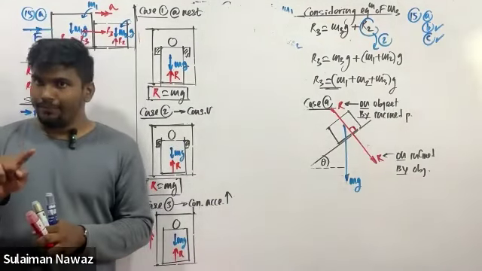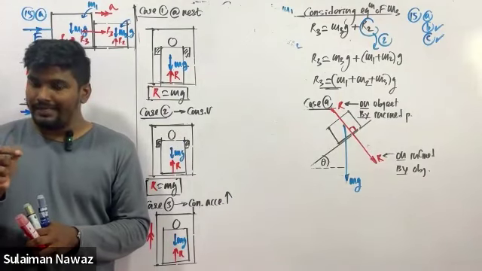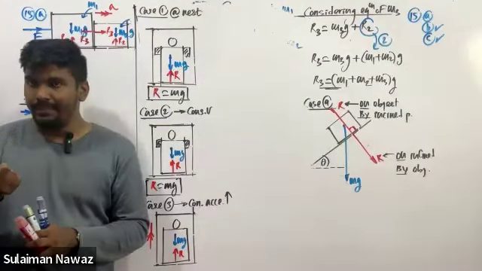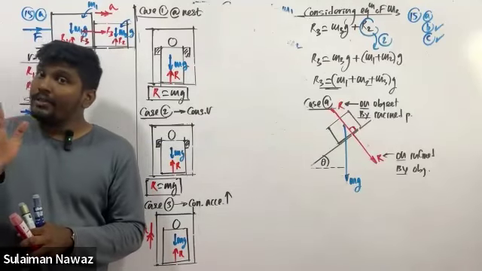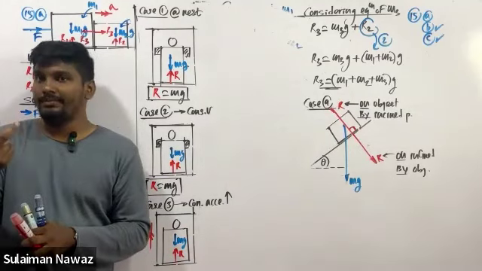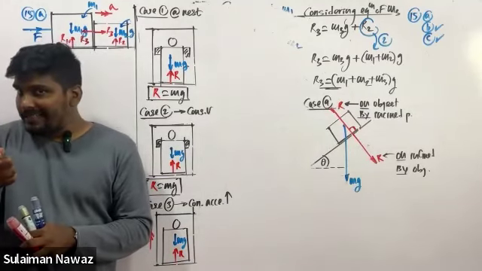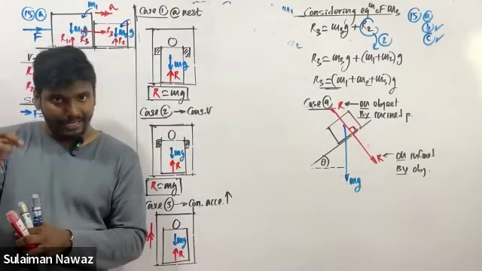When lift accelerates upwards, whatever objects are inside the lift must also accelerate with the same acceleration. So therefore, the man inside the lift also accelerates with acceleration a.